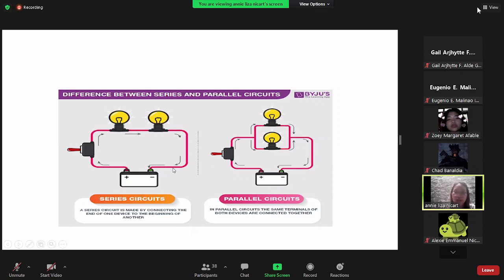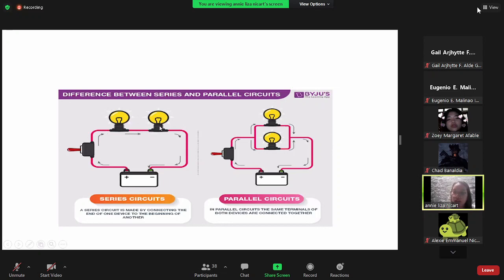Okay, so in series, isa lang yung path, isa lang yung daanan ng electric current. Whereas dito sa parallel, it offers more than one path for the electric current to flow. So bawat load may sariling daanan or path for electric currents. Dito sa series, isa lang.